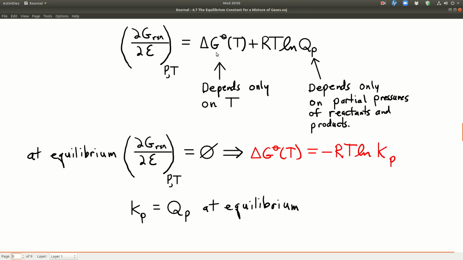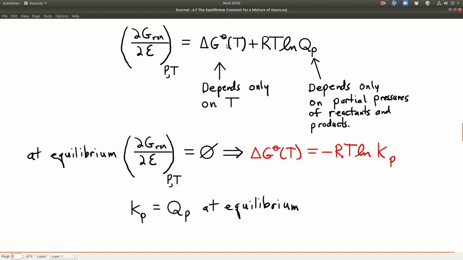Notice that we have broken down the dependence of partial G with respect to extent into a term that depends only on temperature, delta G under standard conditions, and a term that depends upon partial pressures of the products and reactants only. That's what Q sub P does. It depends only on the partial pressures.